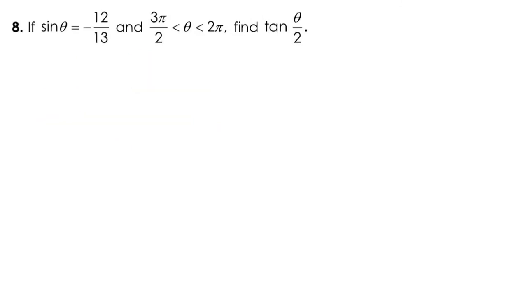Okay, number 8. Very similar to the same thing that we did earlier. I would look to see, what does tangent of theta over 2 look like. And so for tangent of theta over 2, you've got a couple of things you could dig through. You've got sine here, so you might want to find the one that had sine in it.